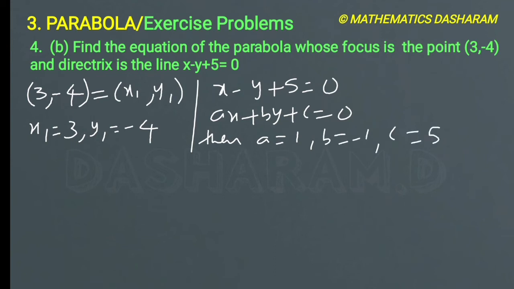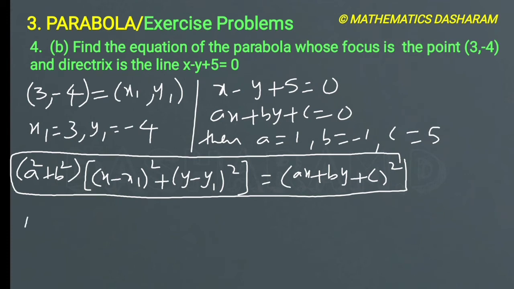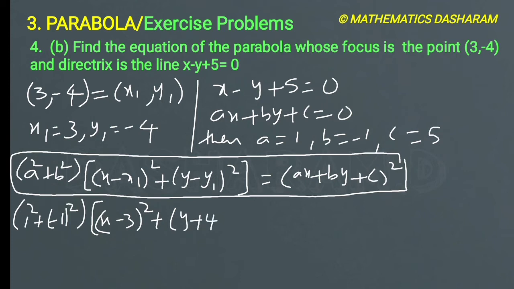Then the formula is (x - x1), x1 is 3, plus (y - y1), y1 is -4, so (y + 4)², equals (x - y + 5)².